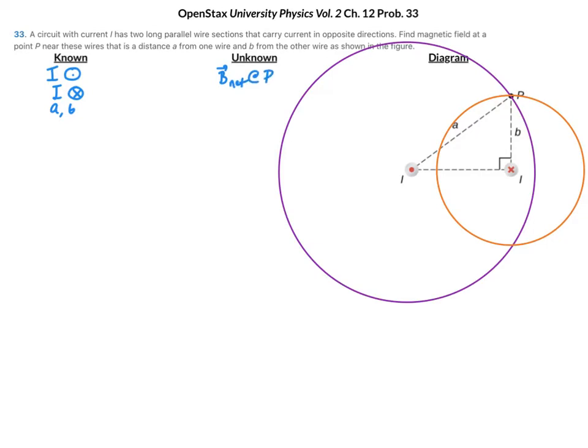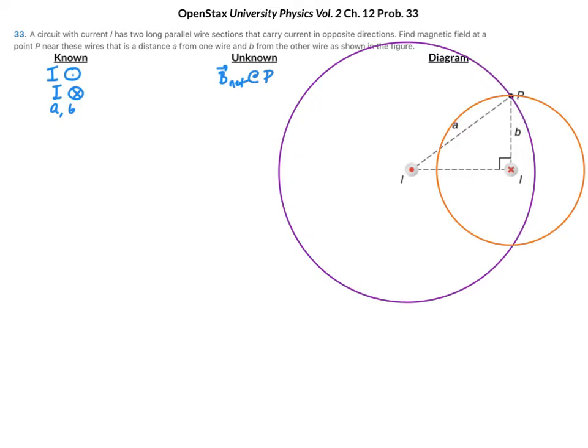I already drew these circles here, and they show the direction of the magnetic field for each of the wires. If you place your thumb in the direction of this current, coming out of the page, then the hand will circle around the thumb in this direction.